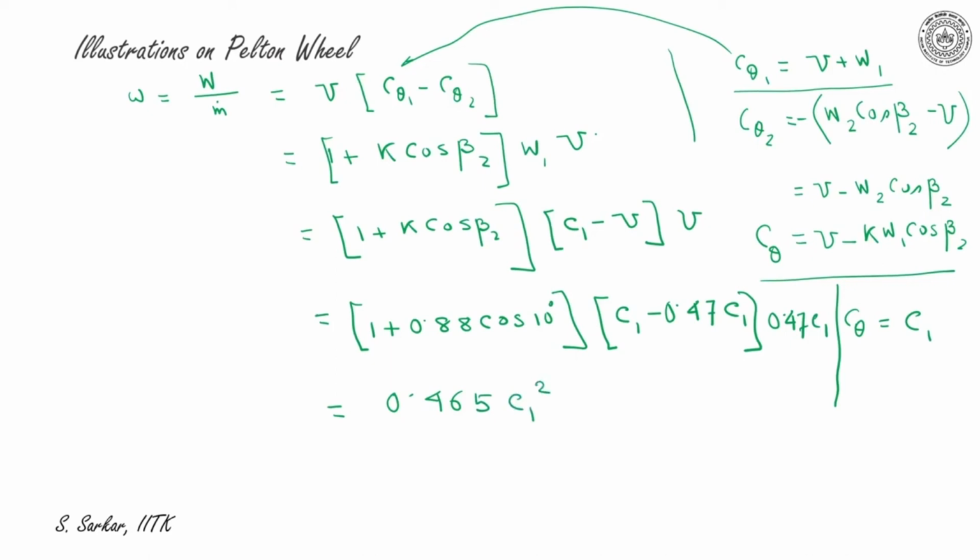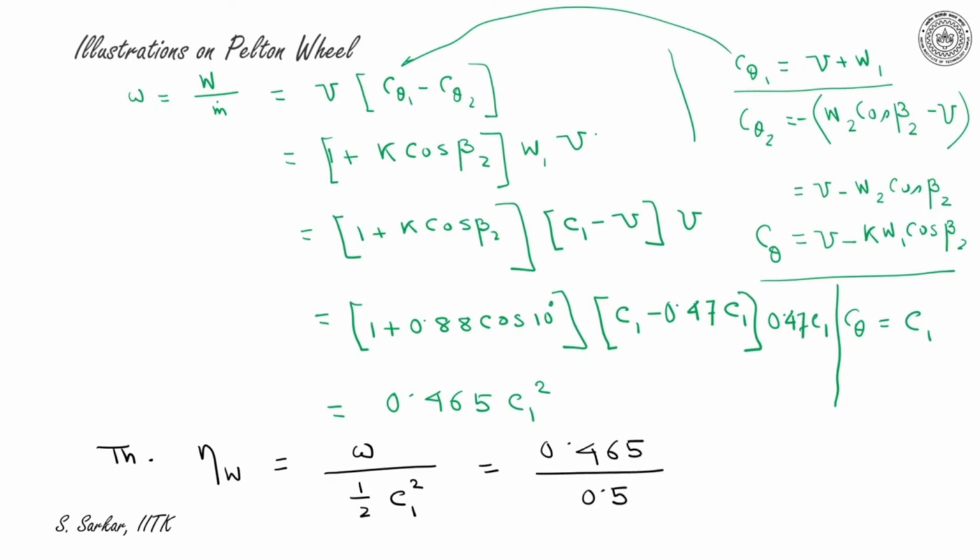Now, the theoretical eta W would be equal to small w divided by half C1 squared. So it can be 0.465 divided by 0.5.